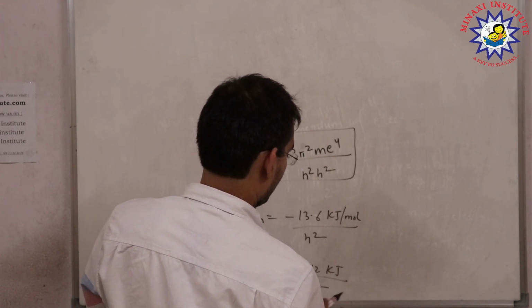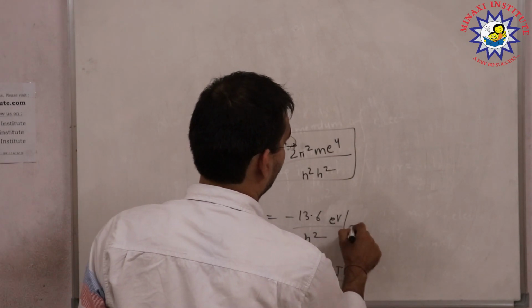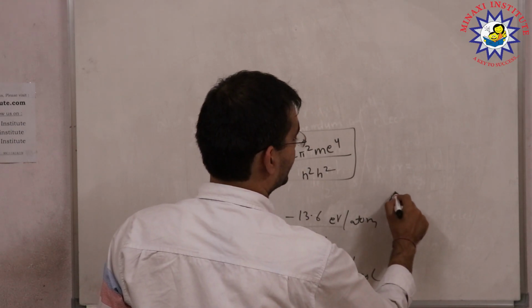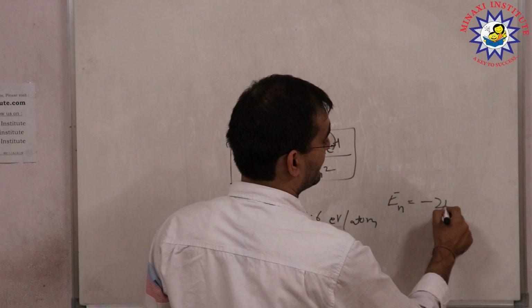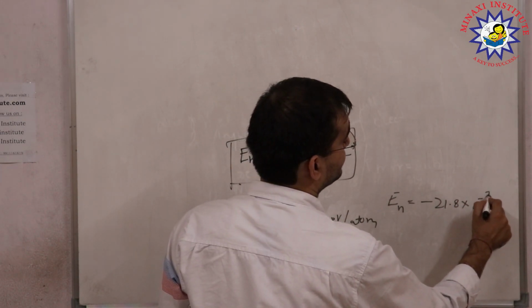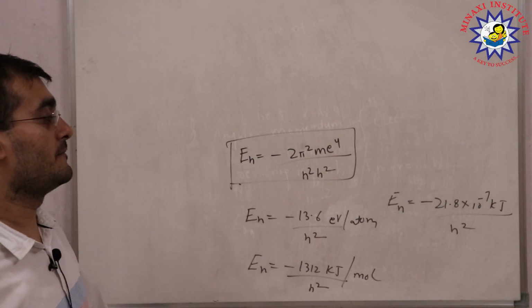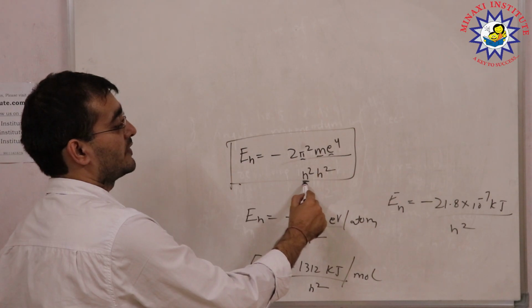Let me correct this: electron volt per atom and kilojoule per mole. These are the different expressions for the energy in respective units. Another is minus 21.8 times 10 to the minus 19 joule upon n square. Note it down. All these values come after you put in the values of the constants pi, m, e, h.